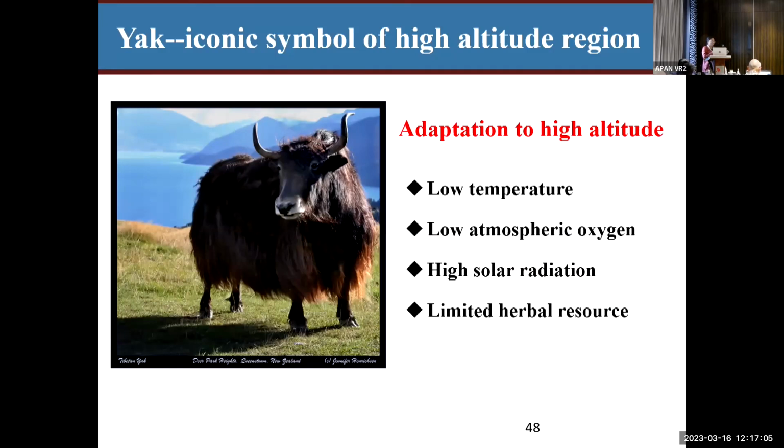When you look at the statistics, they put yaks and yak hybrids together. So it is difficult for the government to make a policy, because you have to know how many are pure yaks and how many are hybrids. But they put everything together, so the information is confusing and misleading.